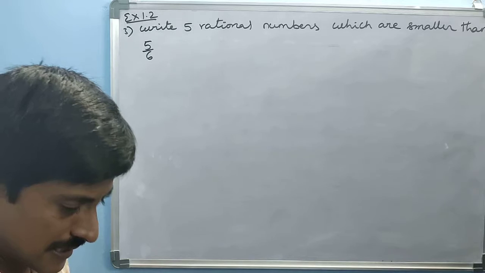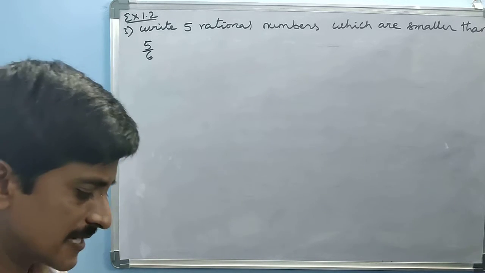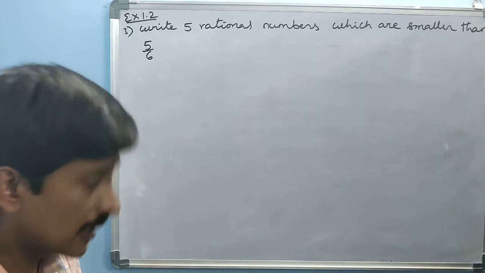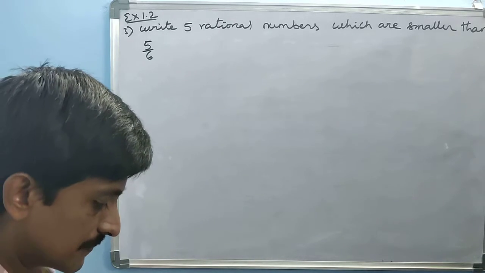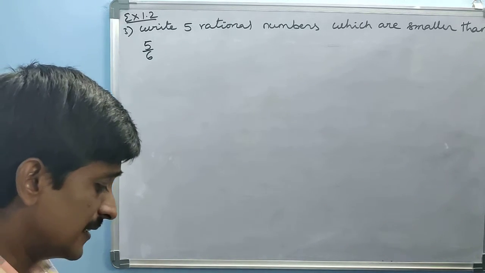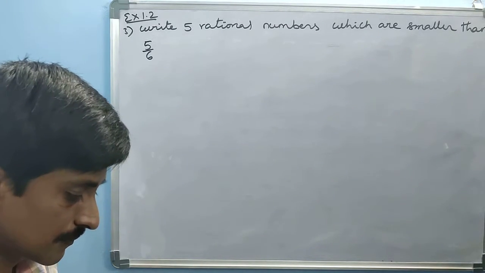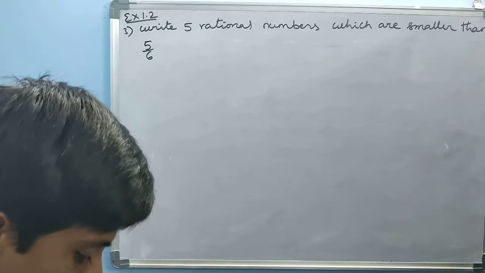How many rational numbers are there between any two numbers? Actually infinite. But here, 5 rational numbers less than 5/6. How many? What are they?